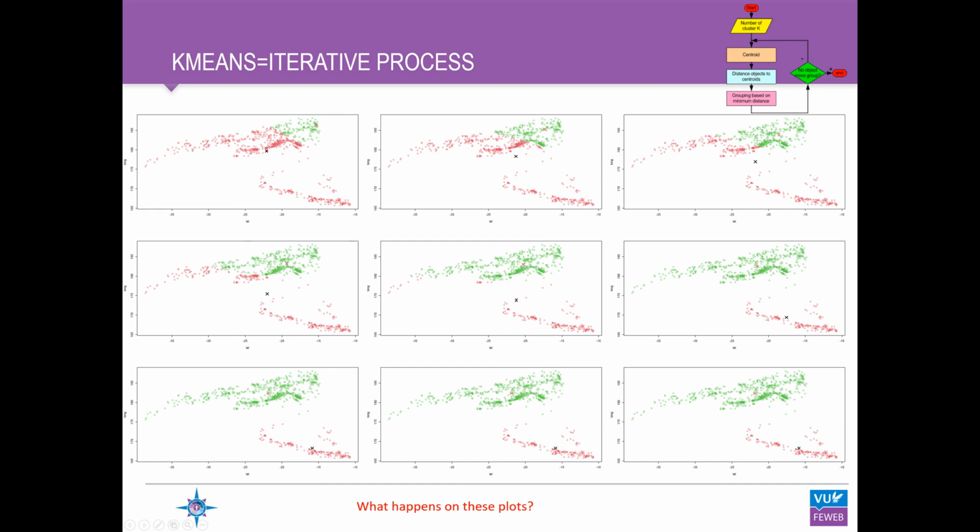Now the same happens here, so even more points are assigned to this cluster, and this mean is now moving much more towards that side. Same goes here, and in the end you will find two clusters, one that consists of these points and one that consists of these points. So apparently the solution reduces the total within sum squared.